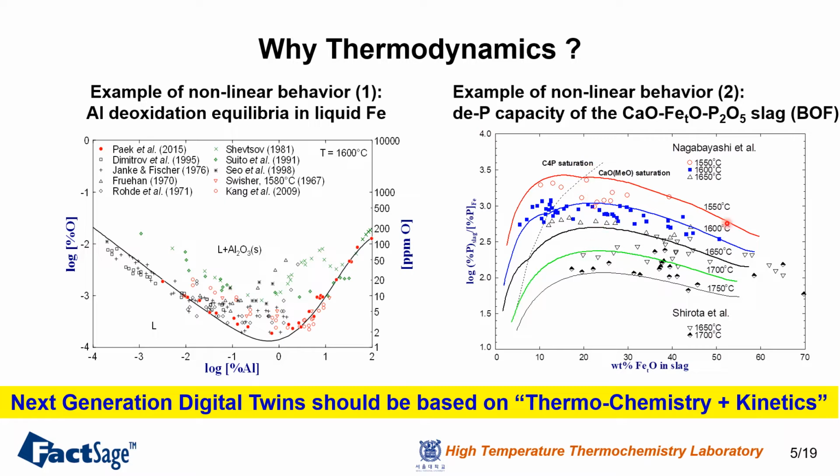If you go to high FeO, AI can decide that it doesn't change the dephosphorization capacity, or it can even tell that it keeps going up with the increasing of the FeO. But in reality, it's declining like this. So this kind of thermodynamic value is very important to give a more reliable digital twin development.